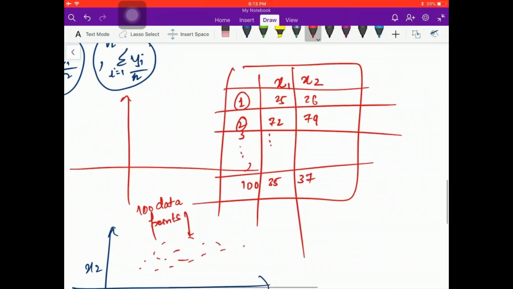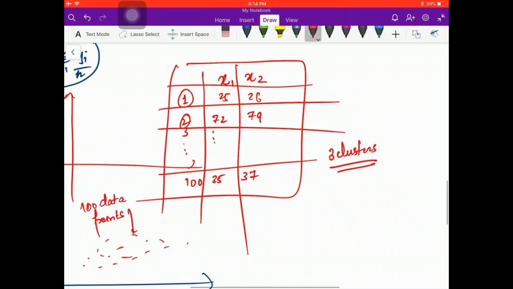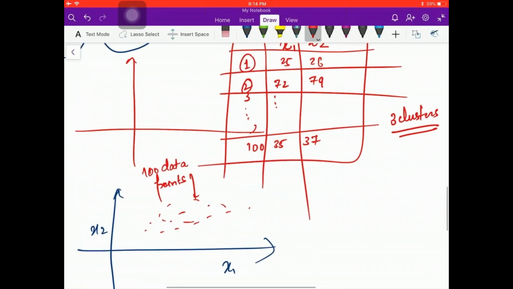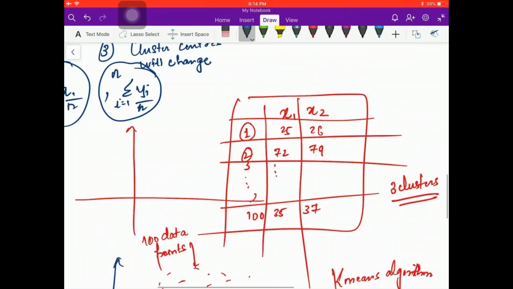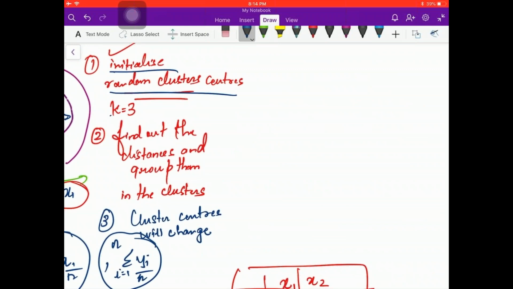Now I said I want to prepare 3 clusters on these 100 data points. So I run a k-means algorithm. My algorithm, first step: initialize random cluster centers.